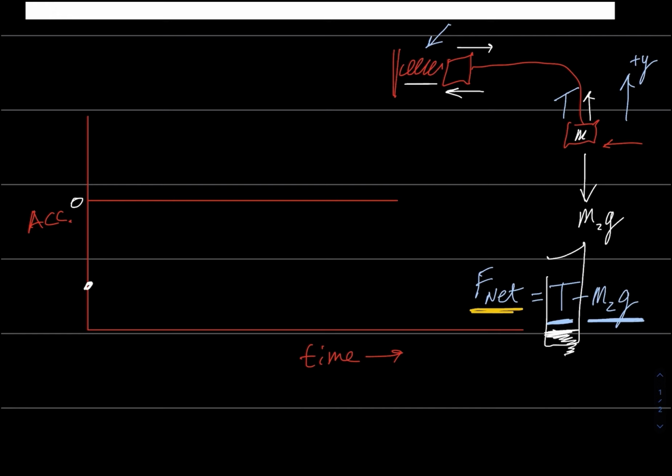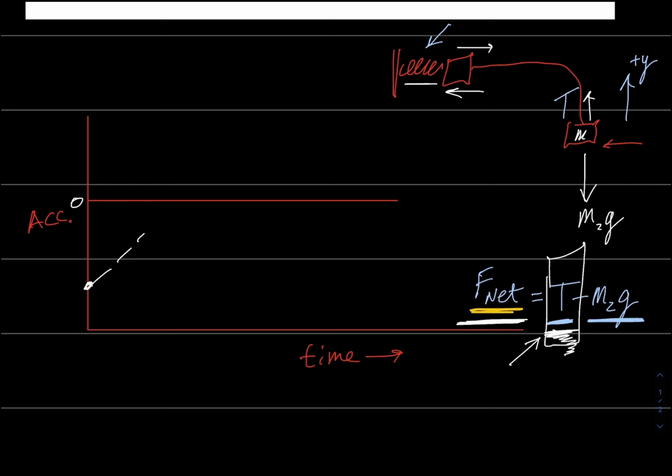And as this gets bigger, the net vertical force on the mass is going to get more and more positive, more and more in the positive y direction. So the net force started out at negative m2g, but as the mass moves down, the tension force above m2 gets bigger, the net force is less negative, and the acceleration is less negative, and it's going to somehow head in this direction, less negative.